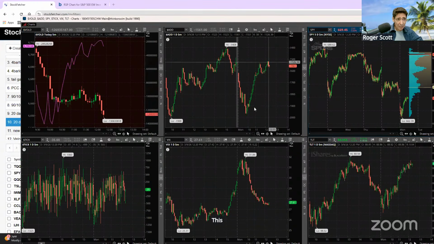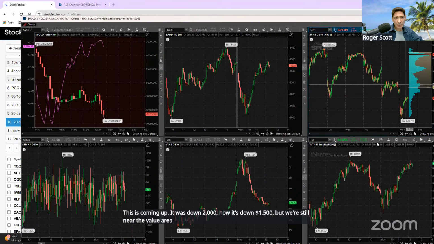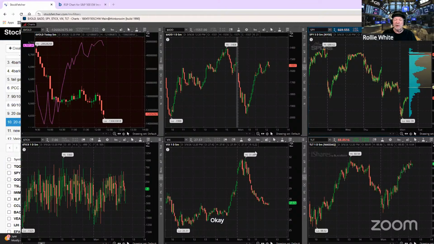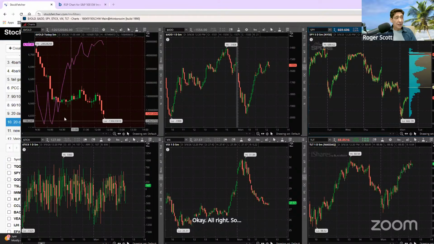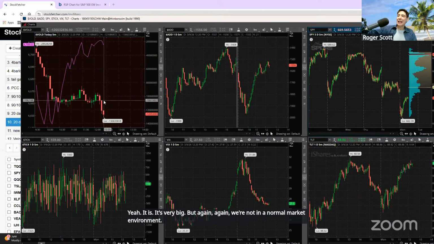This is coming up. It was down 2000, now it's down 1500, but we're still near the value area low, which I'm going to be talking about today. So a divergence there between the SPY and the volume. Yeah, it's very big. But again, we're not in a normal market environment. We're not in a traditional market environment.